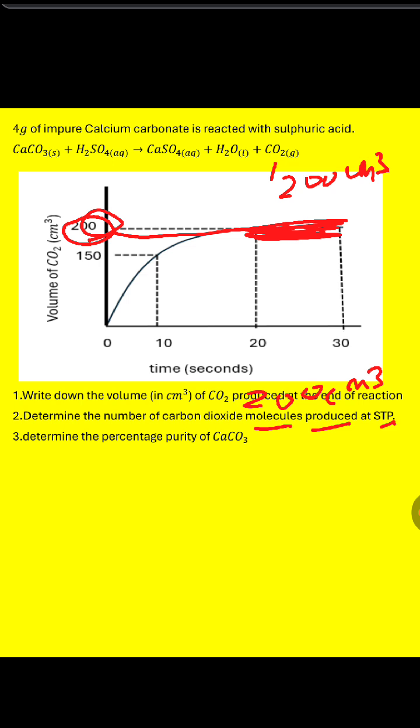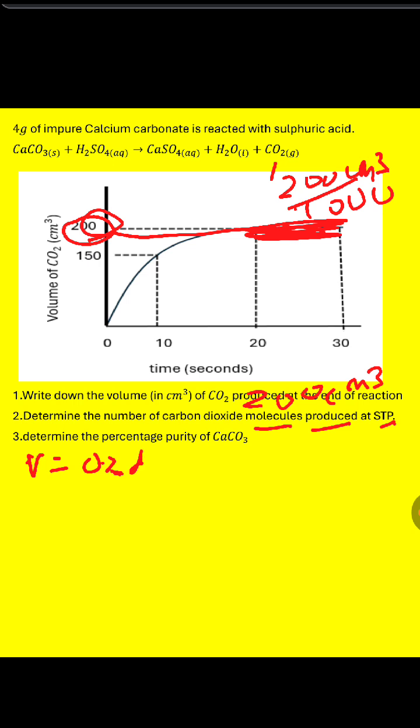We are given the volume of carbon dioxide, which is given in cubic centimeters. I must divide it by 1,000 so that it becomes cubic decimeters. So in cubic decimeters, it is 0.2.